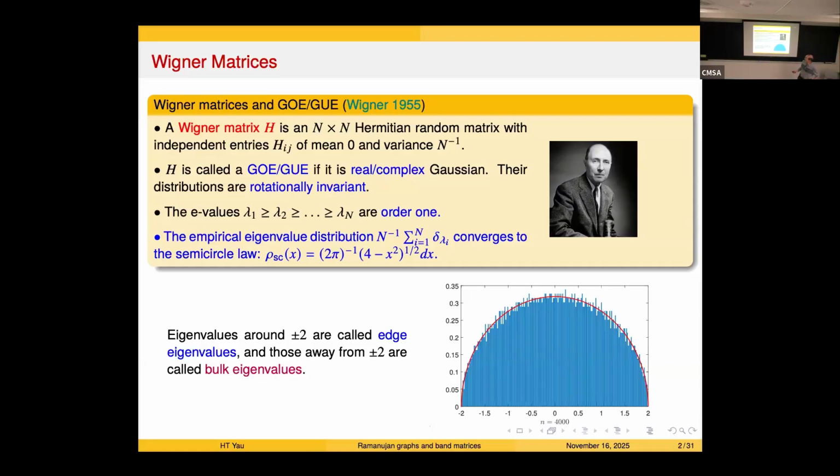He claimed that if you use random matrices like this, the spacing of eigenvalues will have the same distribution as in nuclear physics. That was his claim, and it turned out to be a very good model, which is incredible.